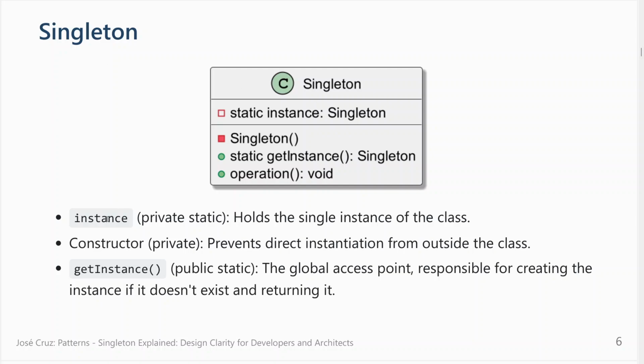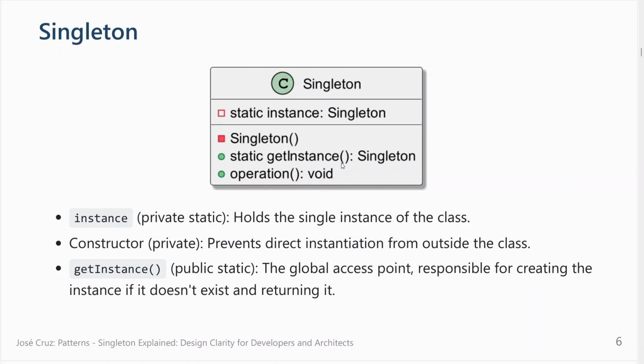So in this case, we have the instance as a private static, the constructor is private, and the only way to access the instance and constructor is through the static. So you put all your control here in this getInstance static method. And then you have operations that don't have to be static because you'll return an instance where you can get values, set values, and things like that.